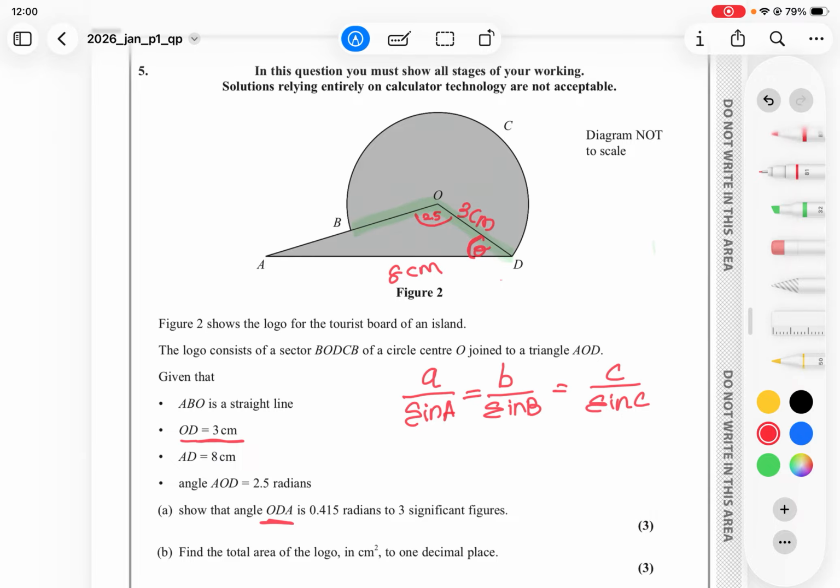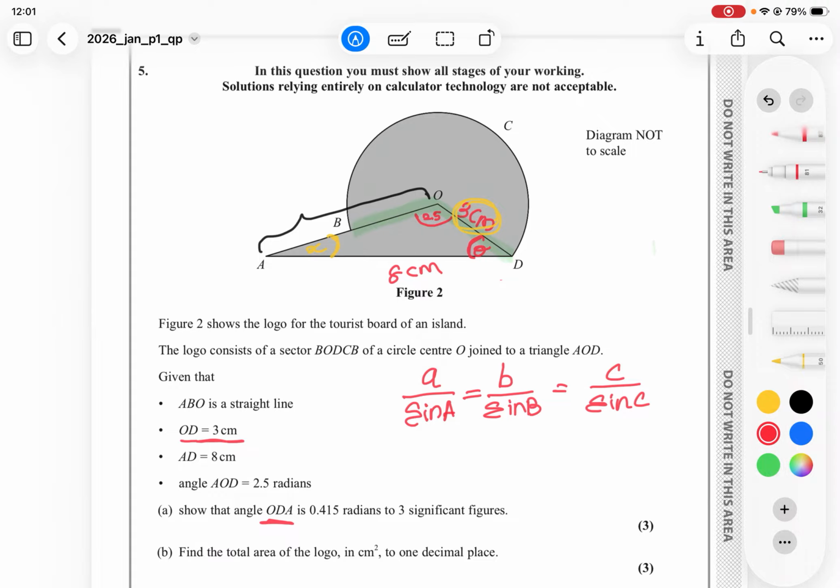We can use this information, but according to the sides they have given, this 3 cm will be corresponding to this angle. Let's mark it x for now. And the theta, which is what we want, corresponds to this side, which is unknown.